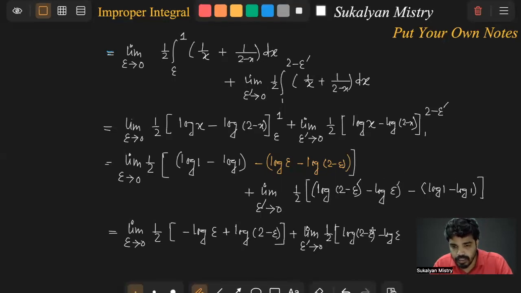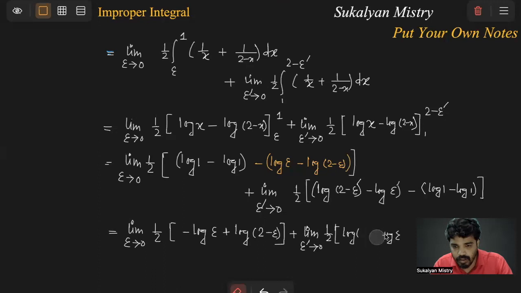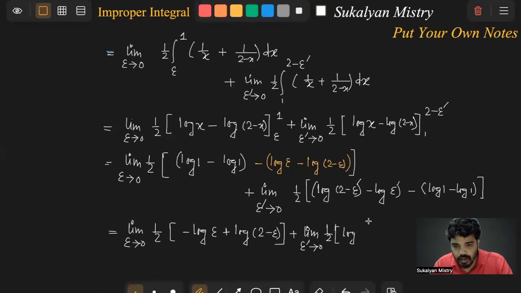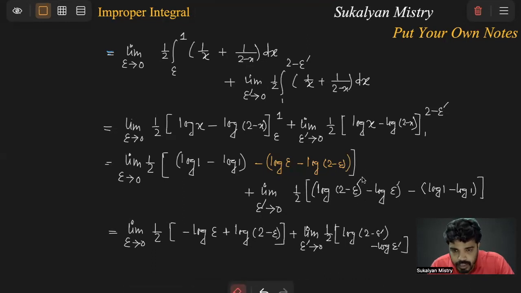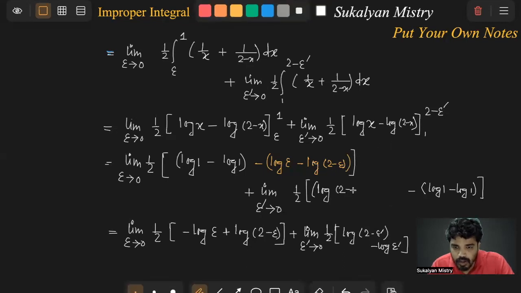This is epsilon dash: log 2 minus epsilon dash minus log epsilon dash. Okay, I think up to this it is clear.